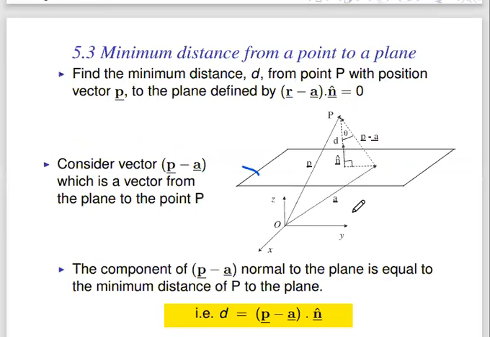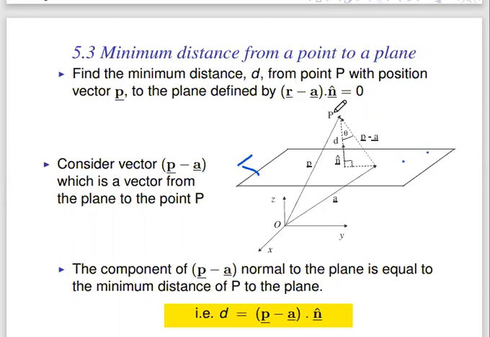So let's try to understand how we find the shortest distance, the length of this. If you know the point and the equation of the plane, then you can find any point on the plane, because you know the equation of the plane.